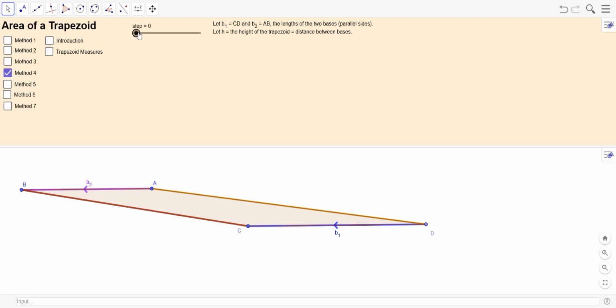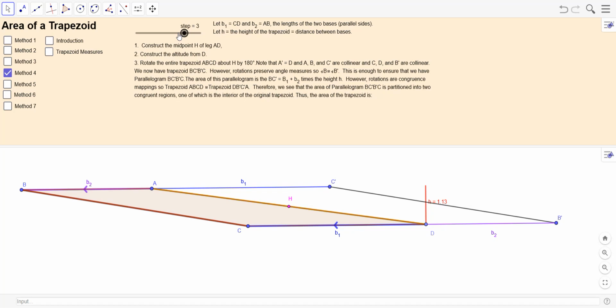Here's method 4. Again, make the midpoint of the leg, construct the altitude. And this time we're going to rotate the entire trapezoid around here. So now what happens is this length A to B is down here. That's B2.